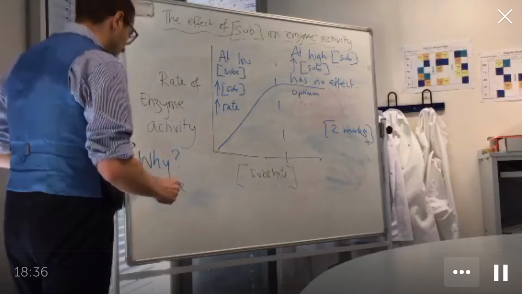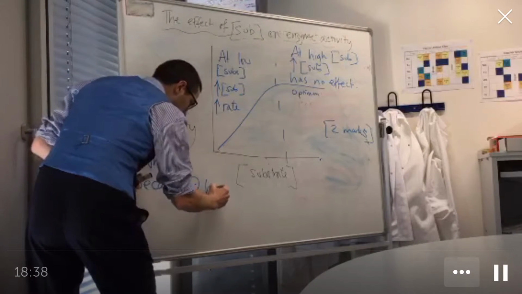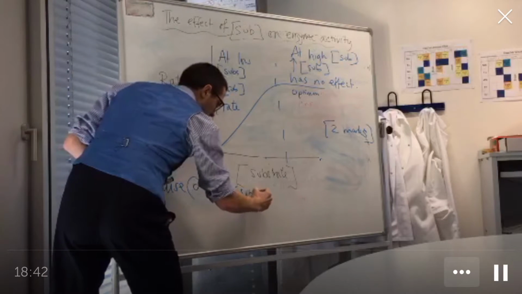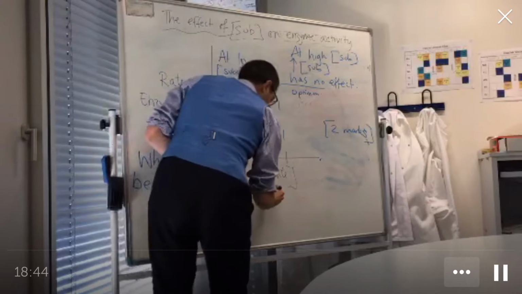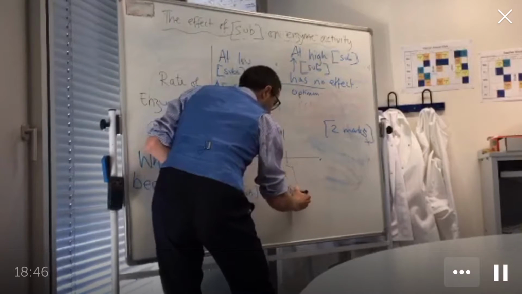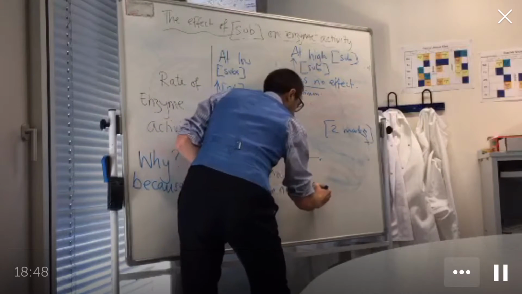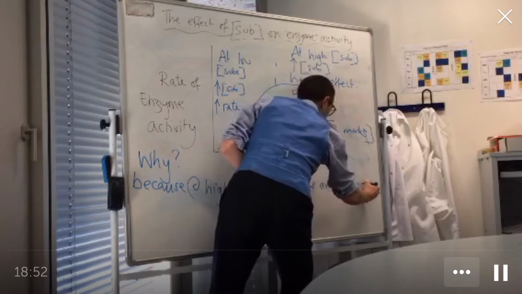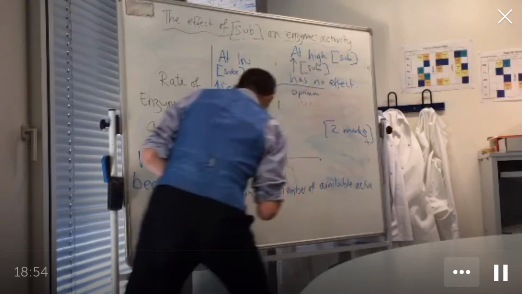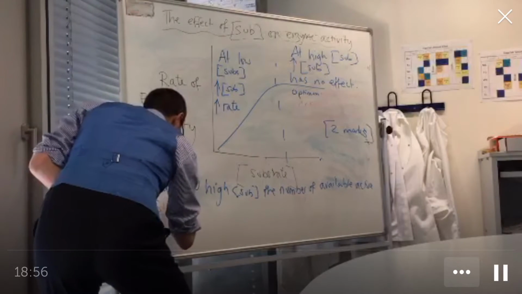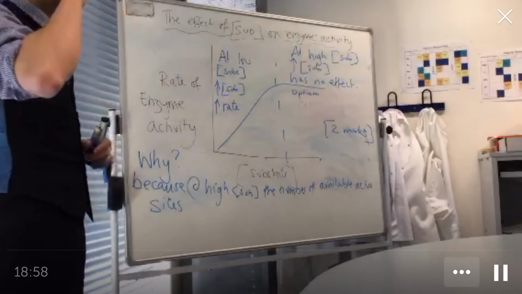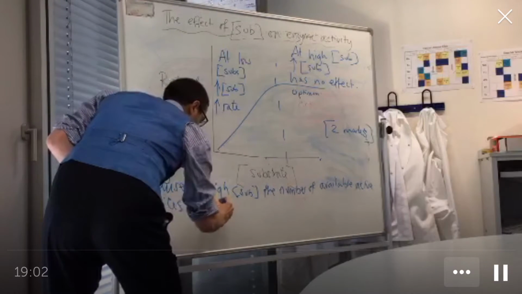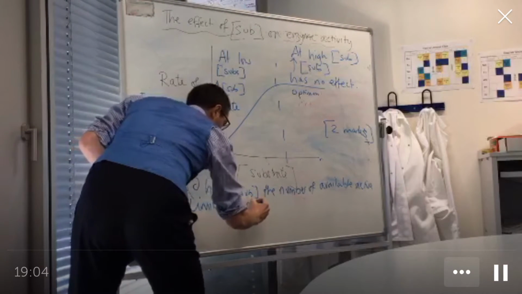Okay? Because at high substrate concentrations, the number of available active sites limits the reaction. What does that mean?